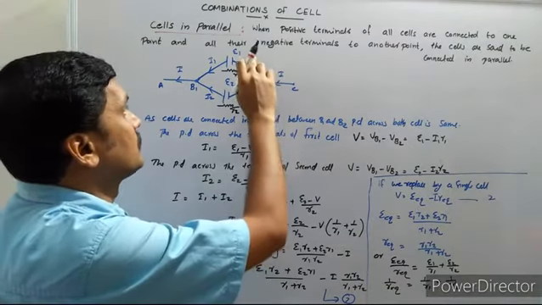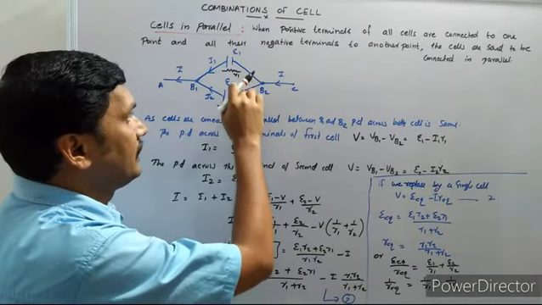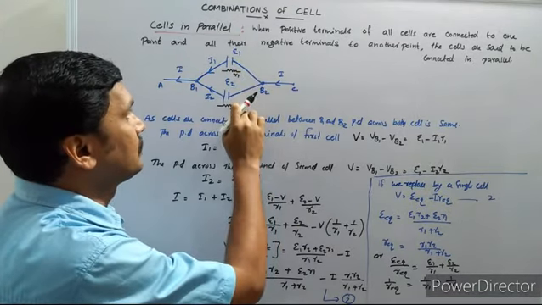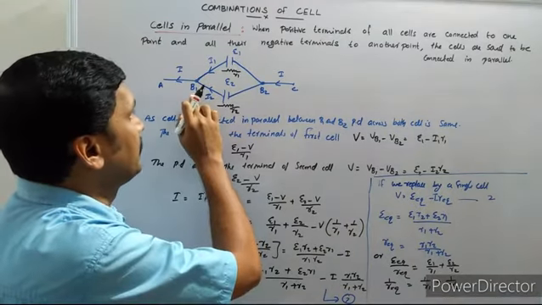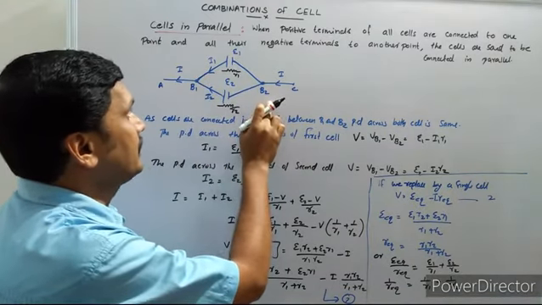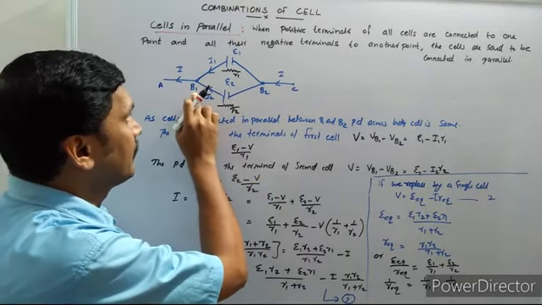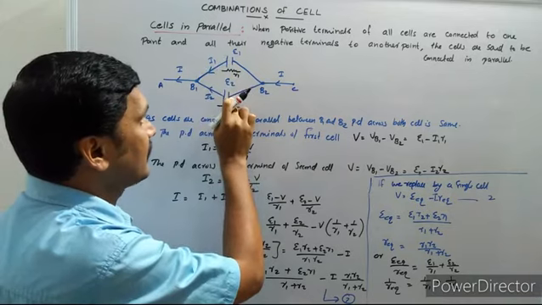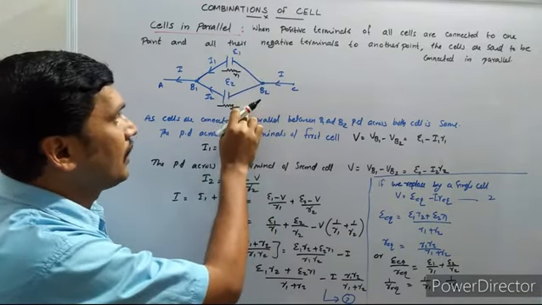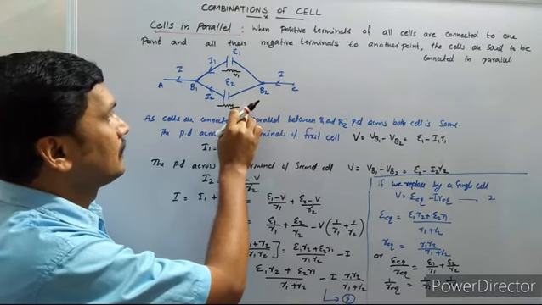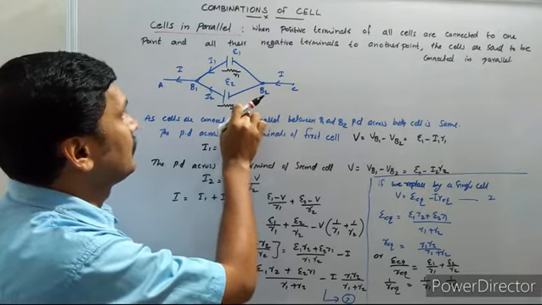Here we have 2 cells of EMF E1, E2 and internal resistance R1, R2 connected in parallel between these 2 points B1 and B2. You can see the positive terminals of both cells are connected at B1 and negative terminals are connected at B2. So we can say E1 and E2 are in parallel.